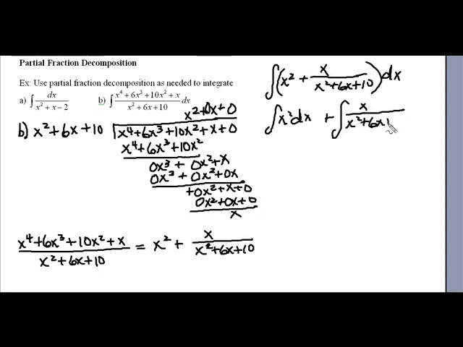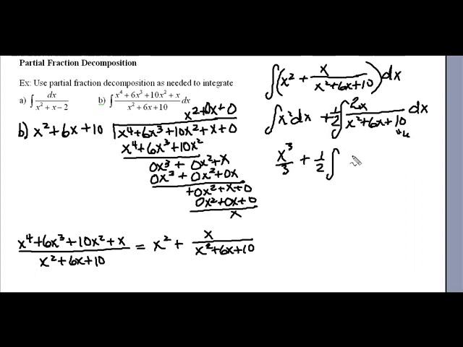Okay, in this case there's no substitution required for the first. We know that we just get x cubed over 3 plus, over here we're going to need a 2 that we're missing, so we'll have to compensate by a 1/2 on the outside. And we're letting u equal the denominator. So we'll have 1/2 the integral of du over u.